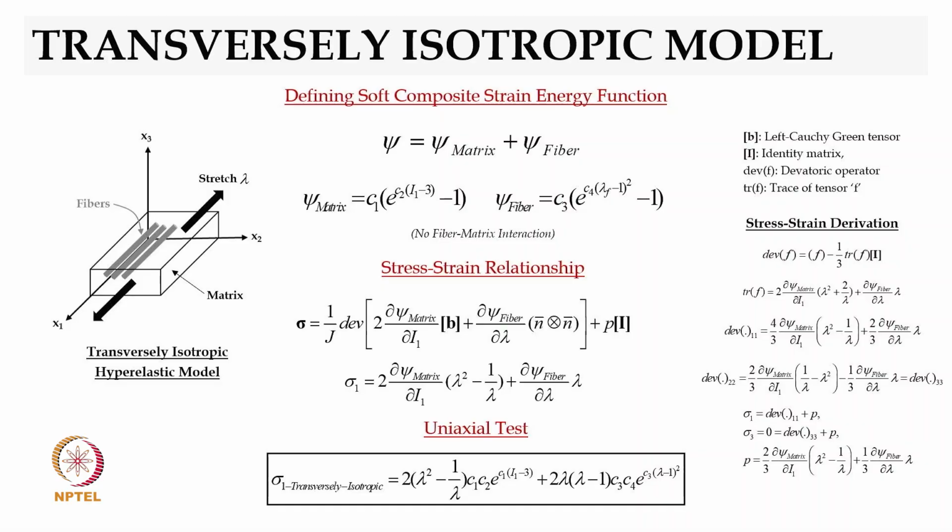The next one is known as a transversely isotropic model. So what does that mean? The transversely isotropic model typically came from the testing of brain tissues. A lot of animal brain tissues behave not in a very isotropic manner but have a transversely isotropic nature. What does that mean?